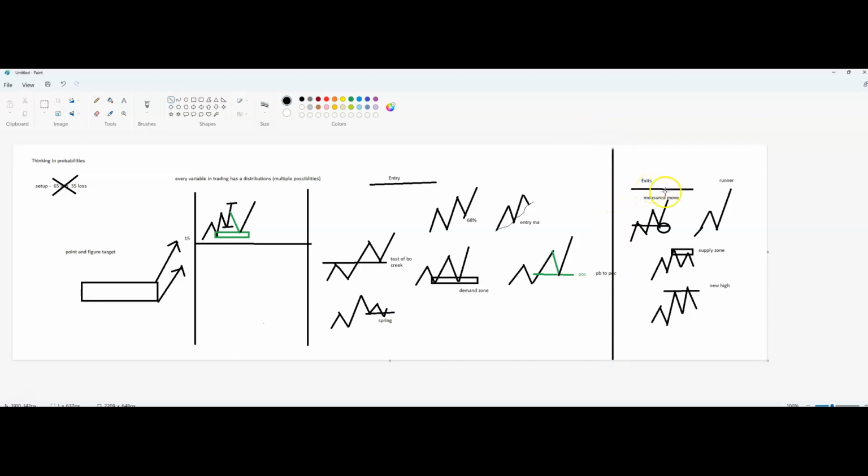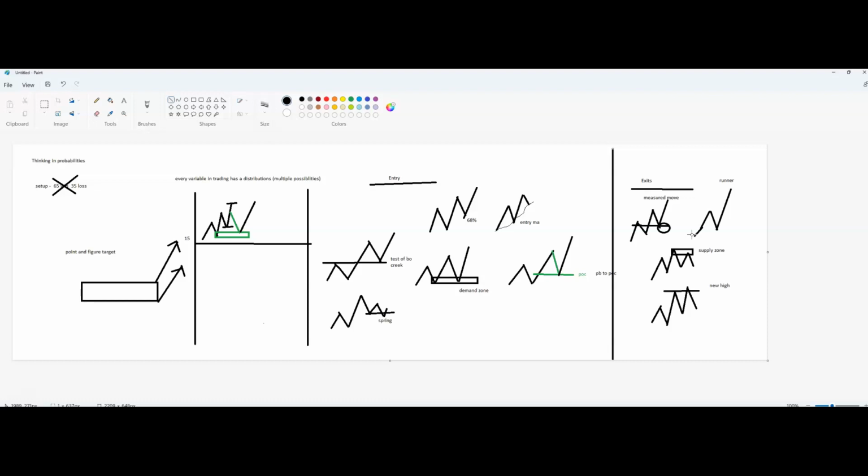So the exits, does this mean for the exit you pick one? And I don't mean like just pick one. For the entries, you can have one or two. What I'm trying to say is you can't trade every entry. You may have one, or you may have two.